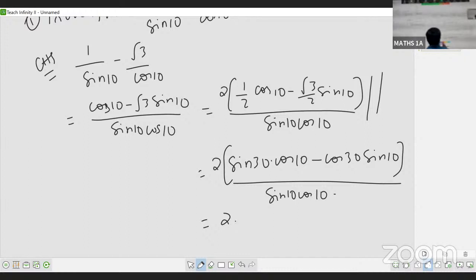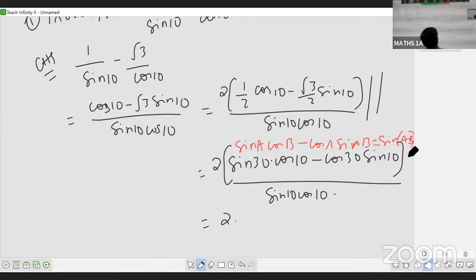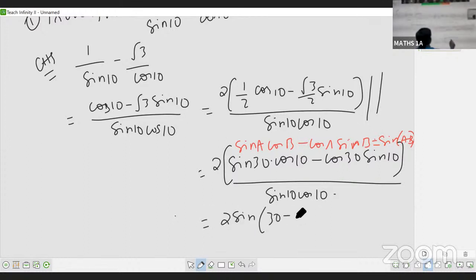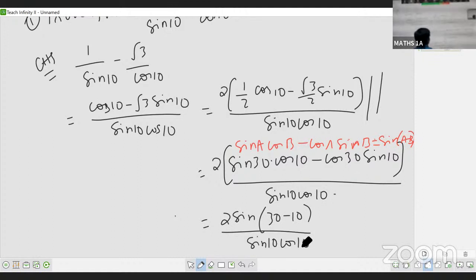This looks like sine A cos B minus cos A sine B. That is nothing but sine of A minus B. So here I write sine of 30 minus 10 by sine 10 into cos 10. Correct?